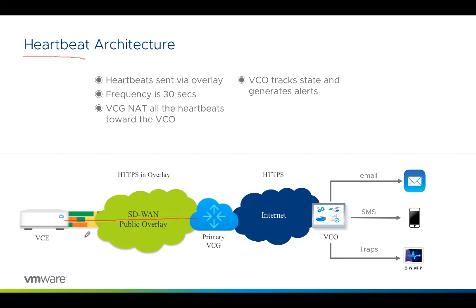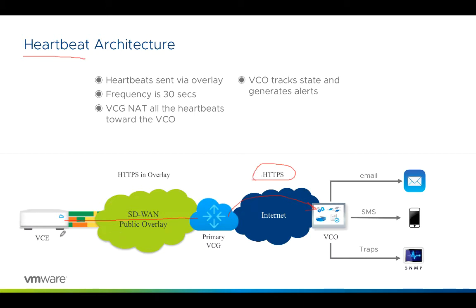We are constantly monitoring the overlay network. So the heartbeats are sent over the overlay from the edge device to the gateway, and then from the gateway to the orchestrator they are sent over HTTPS. There is no overlay from the gateway to the orchestrator.